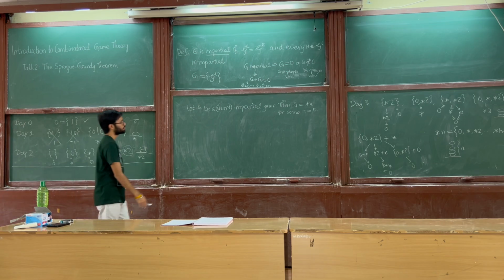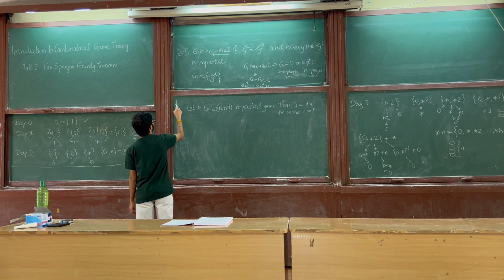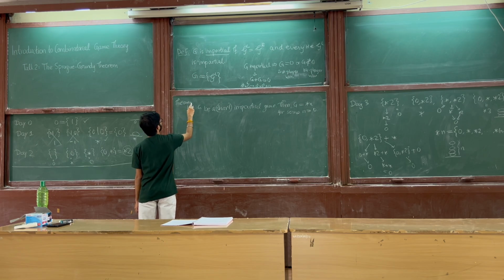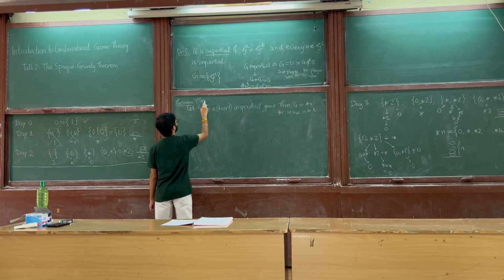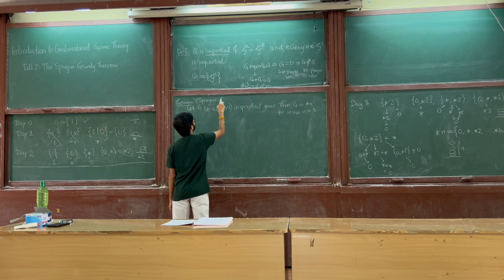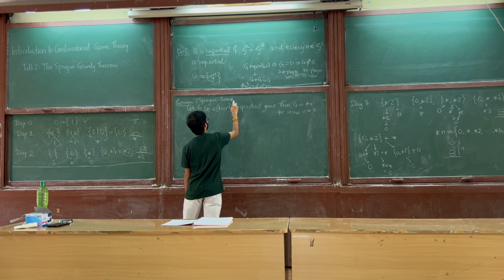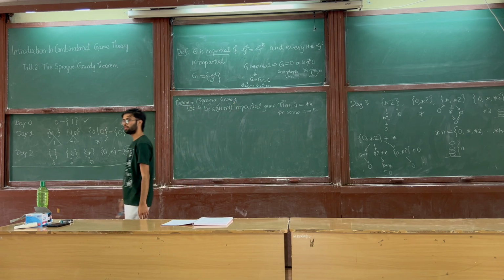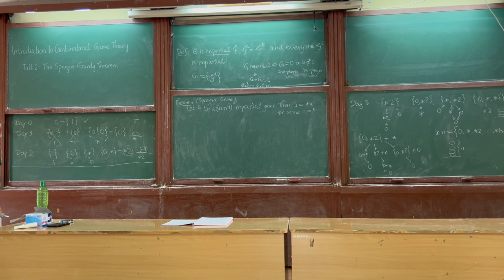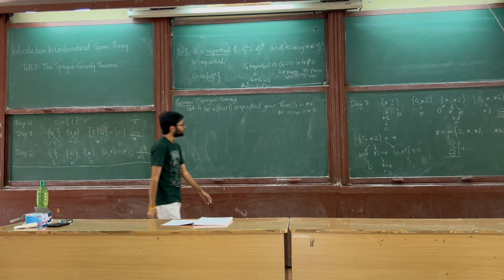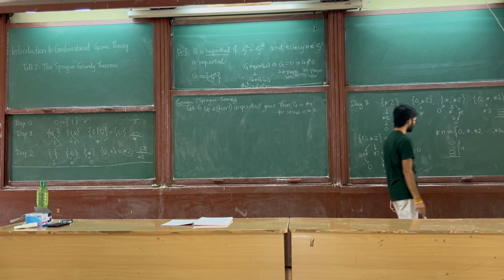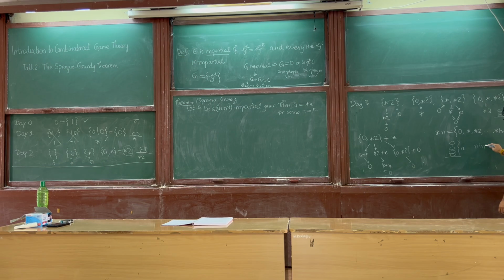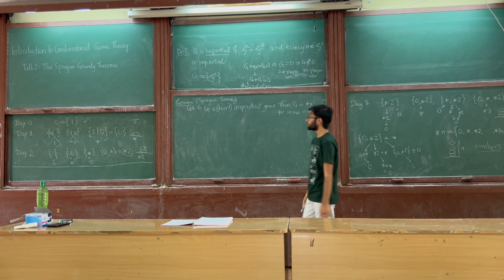This is a very natural conjecture, and here's the thing. This is exactly Sprague-Grundy. The Sprague-Grundy theorem asserts that any short impartial game is equal to one of these star n's. Star n's are called nimbers for a very obvious reason.